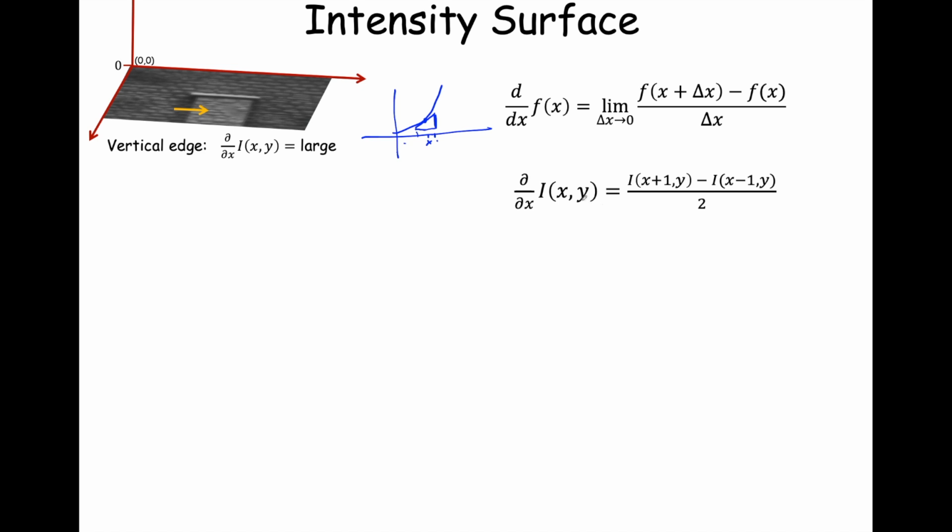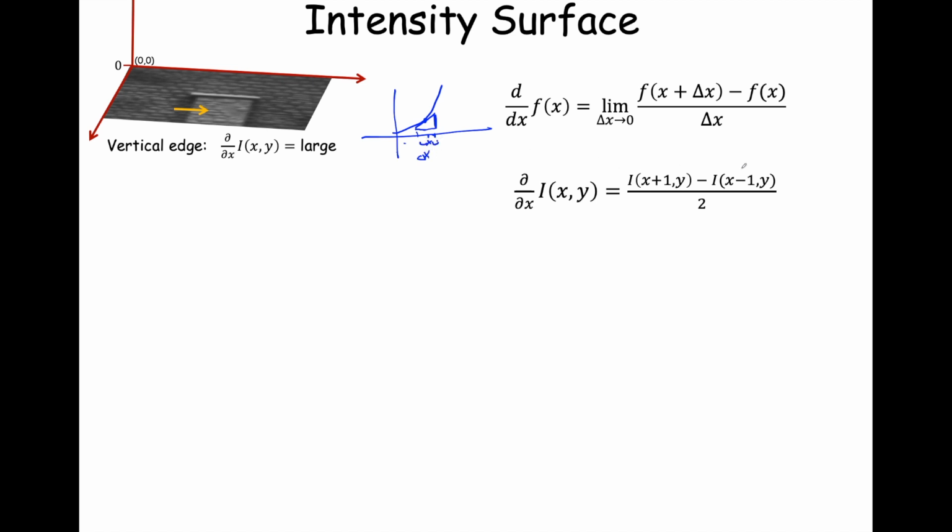If we want the slope at some point x, we need to go to the left of x, that's x minus 1 for that x coordinate, and to the right of x, that's x plus 1, in order to compute the run part of this rise over run for the computation of slope. So if we're at some location x in image coordinates, the best way we can make delta x small, delta x goes to 0, is to go 1 pixel to the left and 1 pixel to the right.